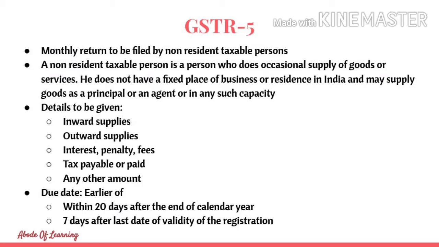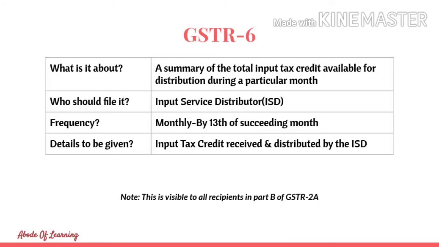So, whichever comes first will be the due date. It depends on the person, it depends on the calendar month. What comes first? Is it 20 days after the calendar month or validity of registration? Based on that, he is supposed to file a monthly return.